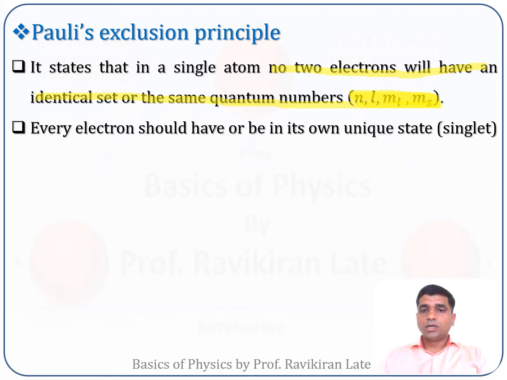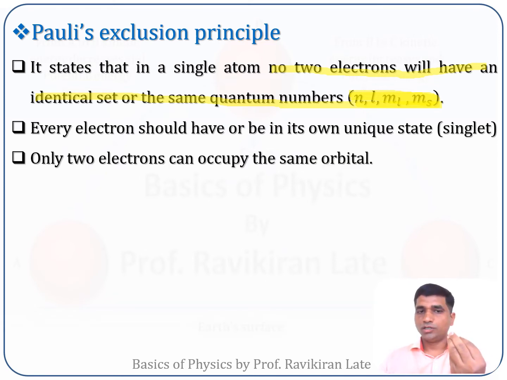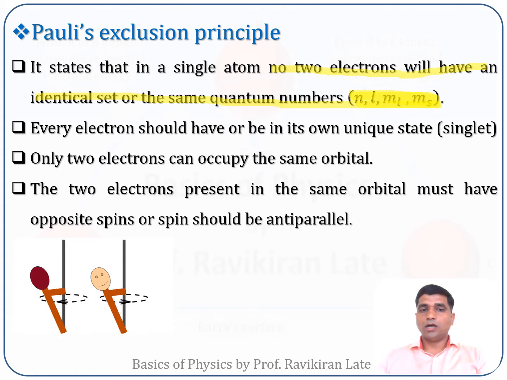Now, what does this rule state? That every electron has to be in its unique quantum state. It means that a single orbital can have a maximum of 2 electrons, because for a given orbital it is the spin quantum number which can have 2 different values, that is plus half and minus half. Two electrons present in the same orbital must have opposite spin, or their spins have to be antiparallel.